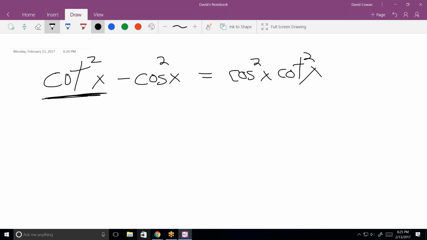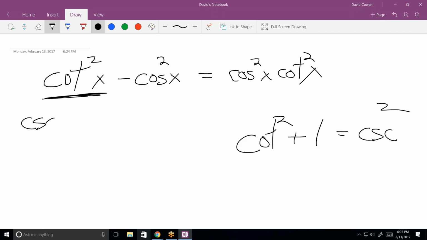That's an identity, but let's use the trig identity. Cosecant. Well, we have the trig identity is cotangent squared plus 1 equals cosecant squared. Therefore, what is cotangent squared equal to? Cosecant squared of x minus 1.